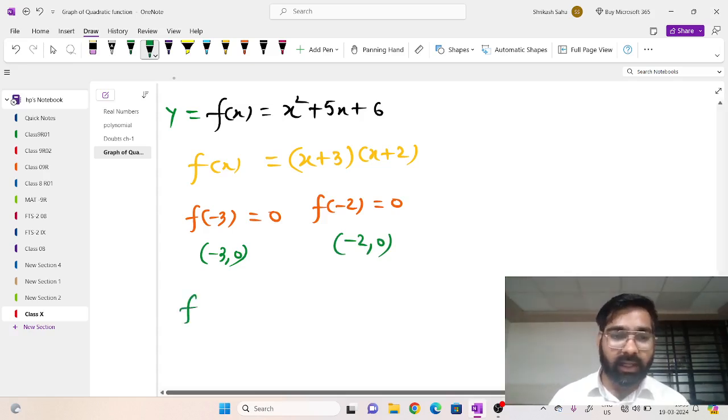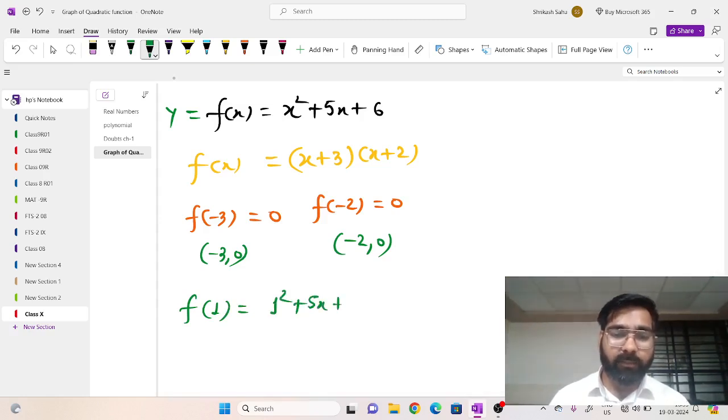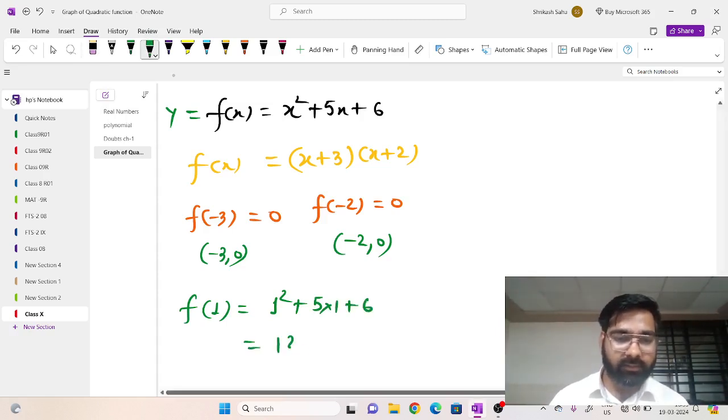But if we replace x by any other value, say 1, then we get the value of the polynomial: 1 square plus 5 into 1 plus 6, that is 12.